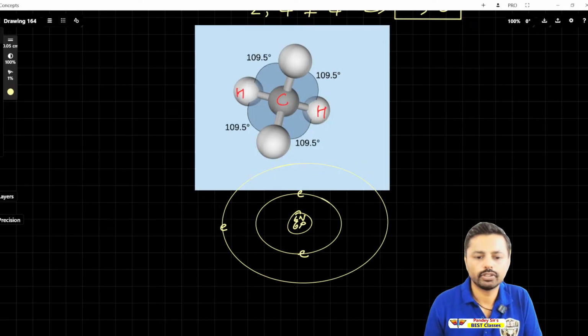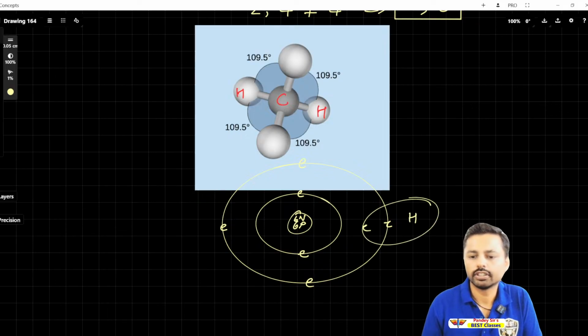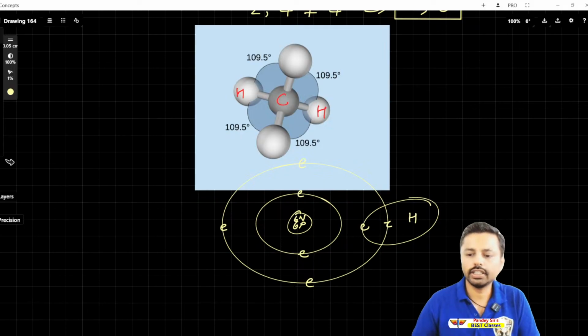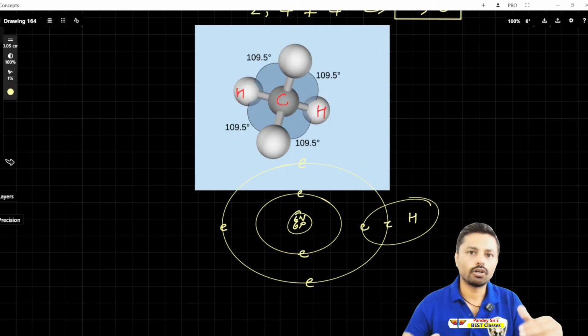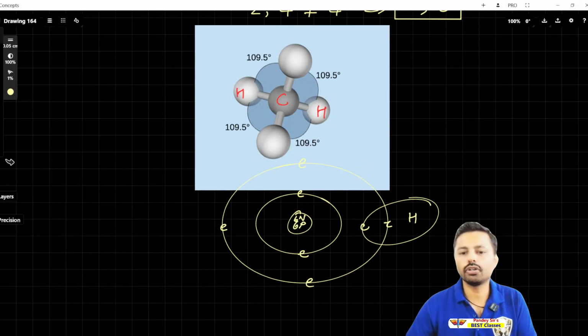So 1, 2, 3, 4, and it will react with hydrogen, which has 1 electron. That's it. So this bonding, where electrons are not donated or lost or gained but shared, is called a covalent bond.